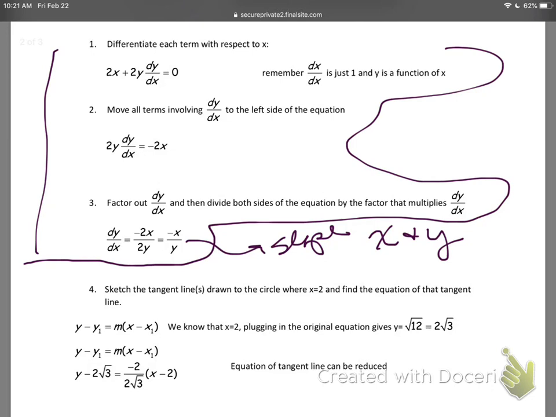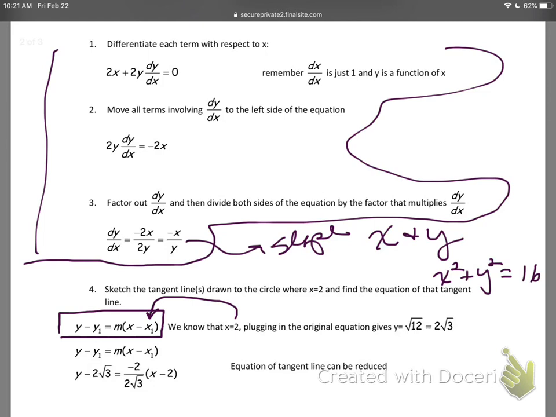So to know how to get the tangent line, clearly whenever you see find the tangent line, I always want you to write this down. Okay, we know that x is 2. So x is 2, that's going right here. Okay, what is our y? Well, what was our equation? Our equation was x squared plus y squared equals 16.